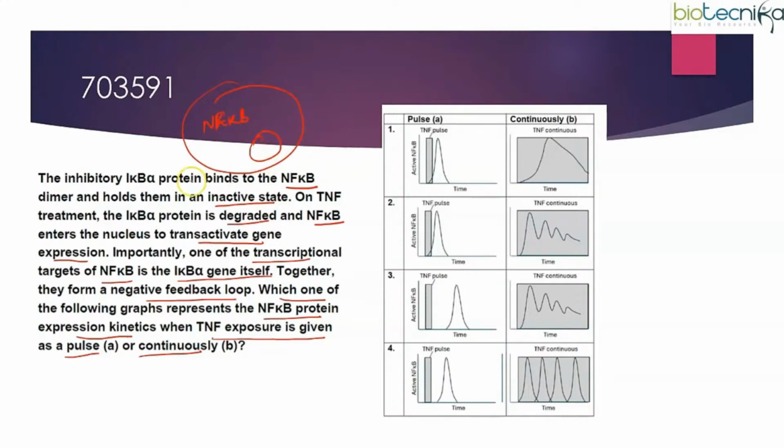But it is bound by an inhibitory protein, that is I kappa B alpha, or I kappa B. So this I kappa B has to release the NF kappa B. I kappa B gets phosphorylated when the particular cytokine comes and binds. According to this question, the cytokine is TNF.